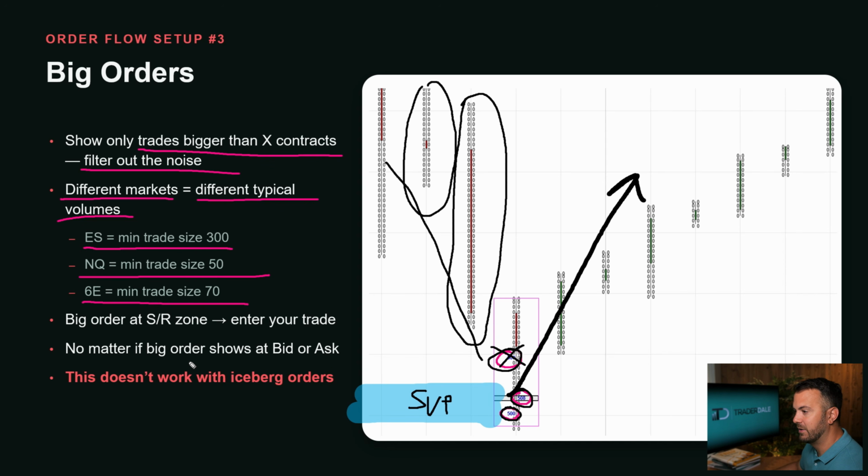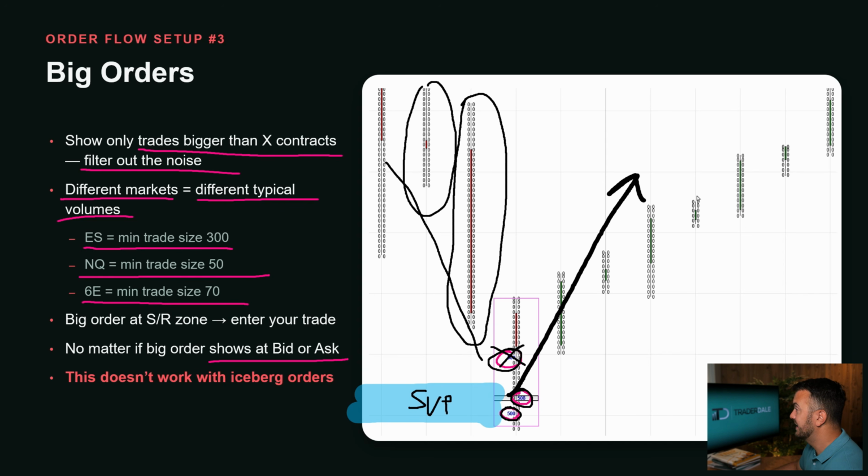Now, it doesn't matter if the big order shows at bid or ask, because it could be a market order or it could be a limit order. You can't really tell. What is sufficient is we see one massive order, somebody big jumped in, and if it's around your support or resistance, then you enter the trade.